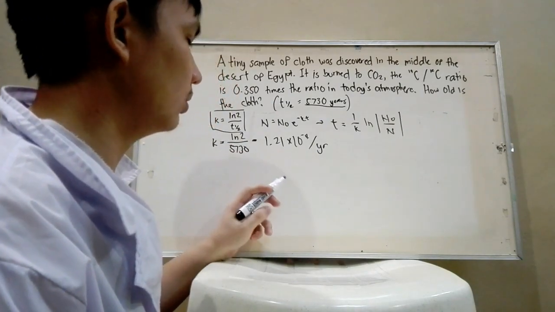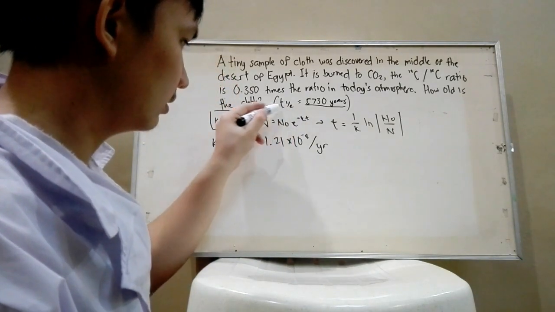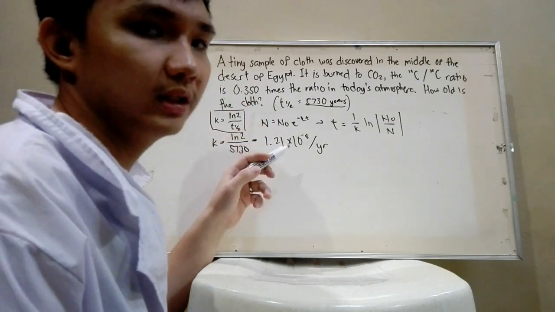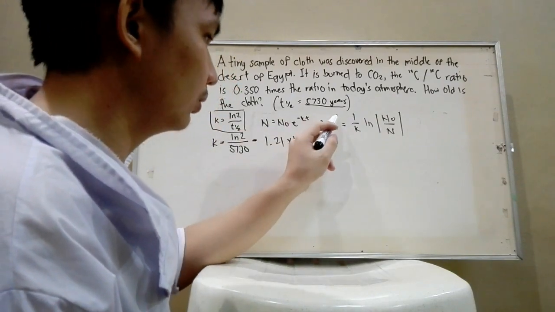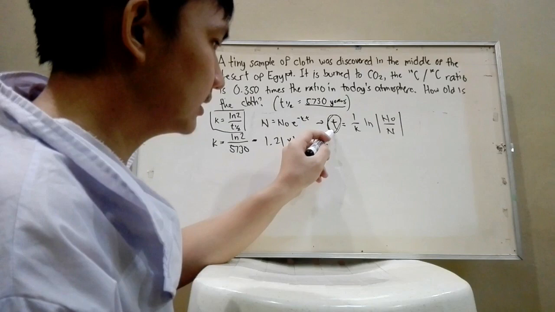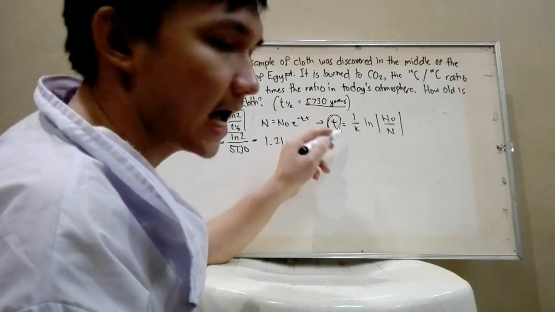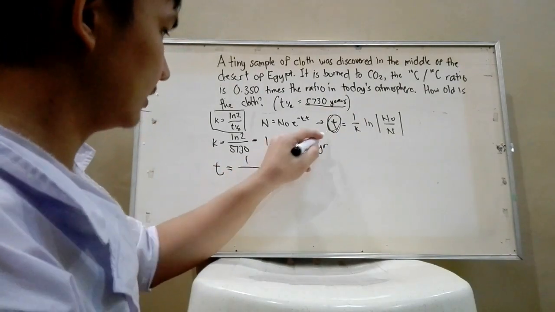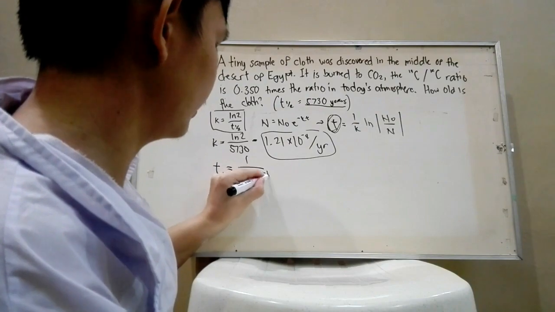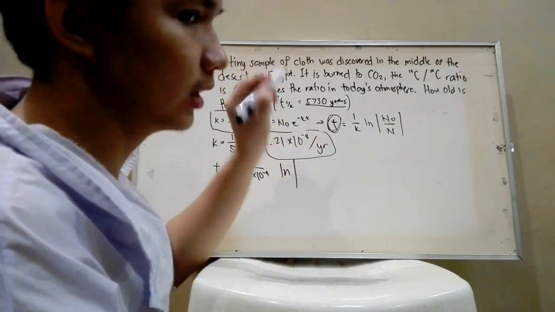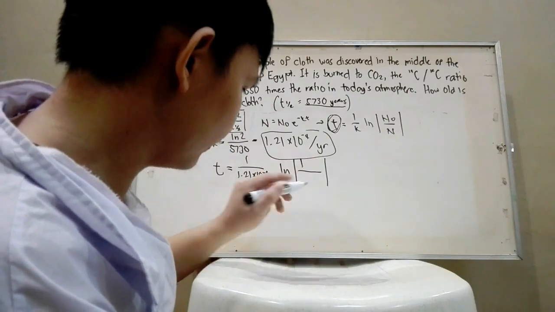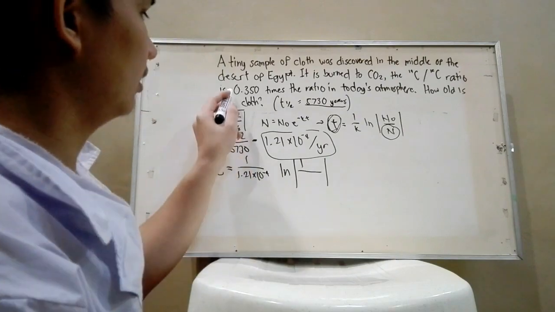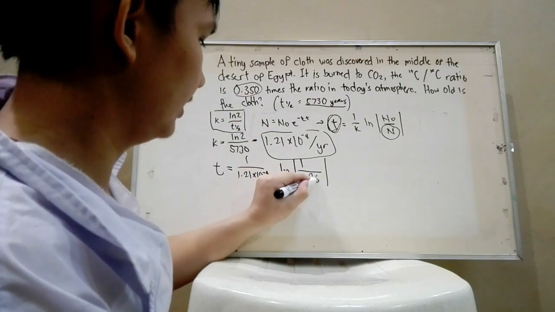And the next thing you need to know is this formula. It is derived to know how old the sample is. This t stands for time. So t is equal to 1 over your k, which is this 1.21 times 10 raised to negative 4, times ln of the original, which is 100%, so it will be just 1, over N, which stands for the fraction remaining, equivalent to 0.350.